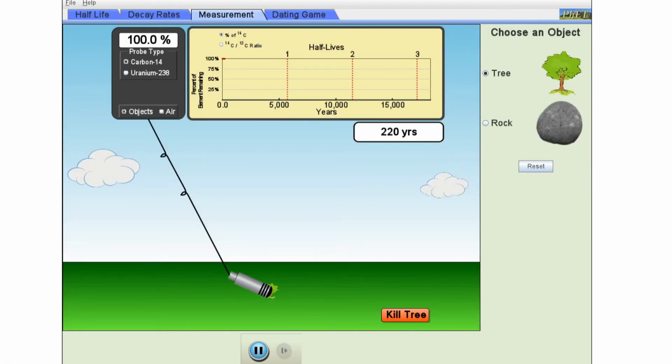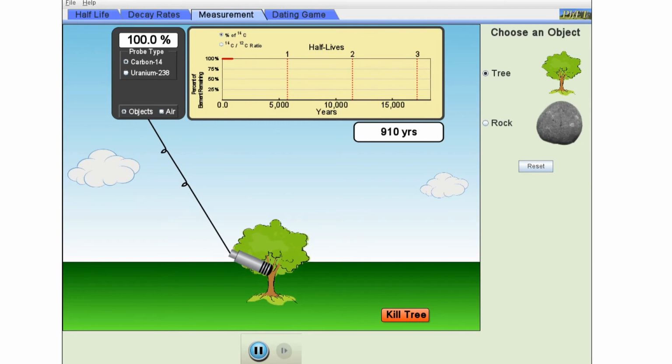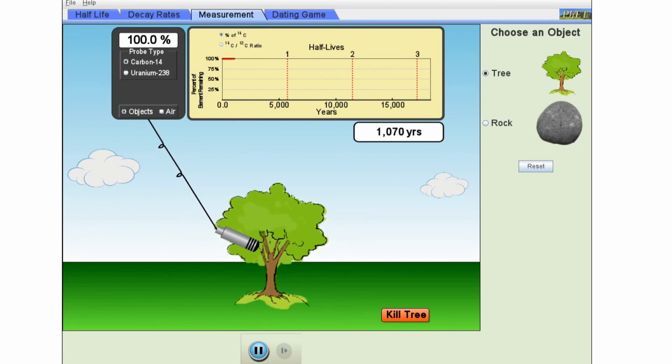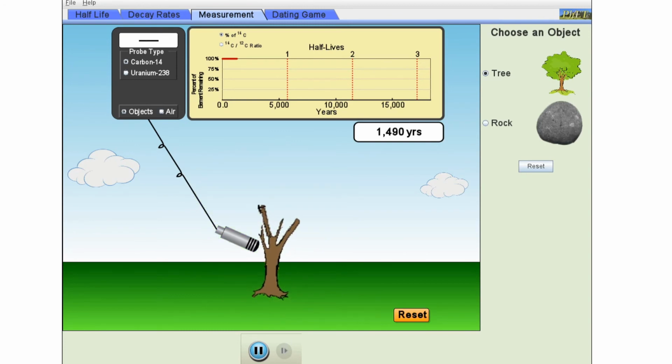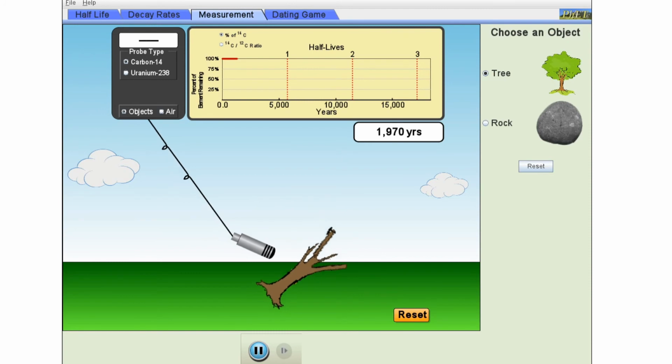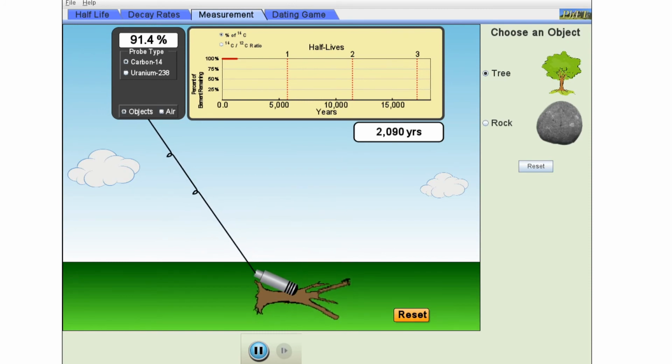If we use our Geiger, remember our Geiger-Muller tube, it reads the level of radiation, and what we read here now, if you look at this graph at the top, is carbon-14 at 100%, but when the tree starts to die, you can see that carbon-14 will start to reduce, and you can see it reducing here, and we should find that it'll go to 50% by the time it gets to 6,000 years.